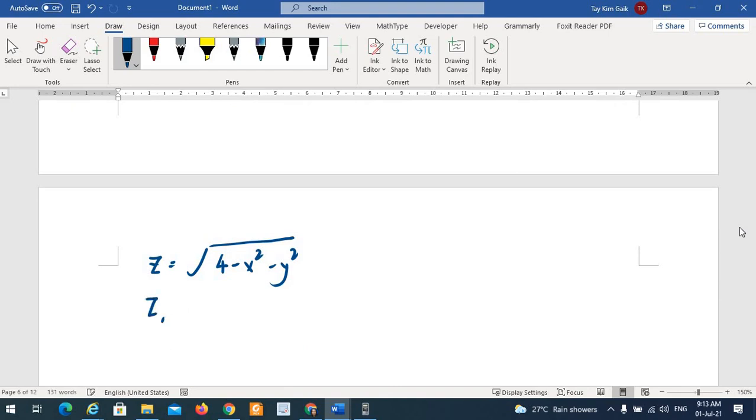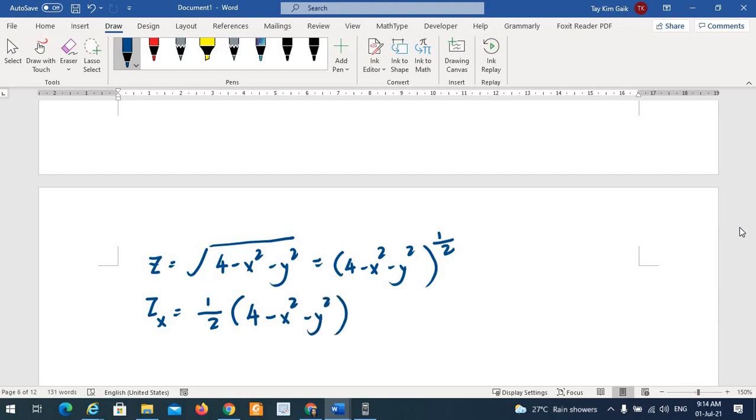Okay, to get zx, a square root is actually power half. So zx is half, del z del x of 4 minus x squared minus y squared. Because for differentiation, the power you bring to the front, so you have half. And then half minus 1. For differentiation, your power you minus 1, so it becomes minus half.